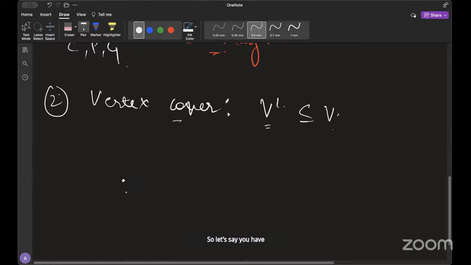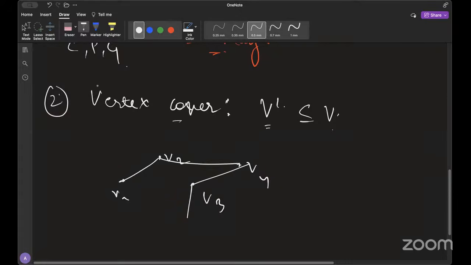So let's say you have this graph. Then vertex cover basically means you have to collect the vertices in such a way.